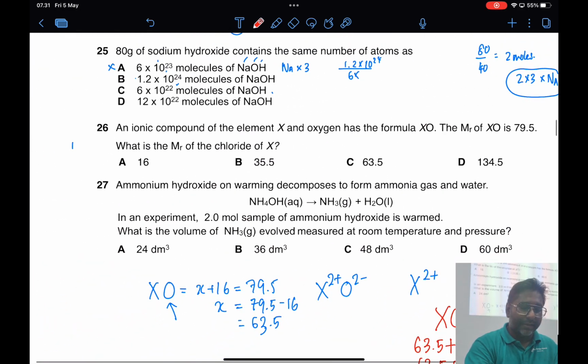So you just look at the options, option D is going to be the answer.